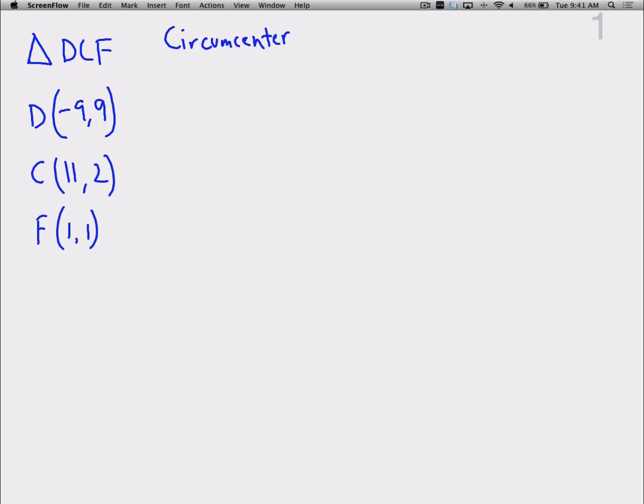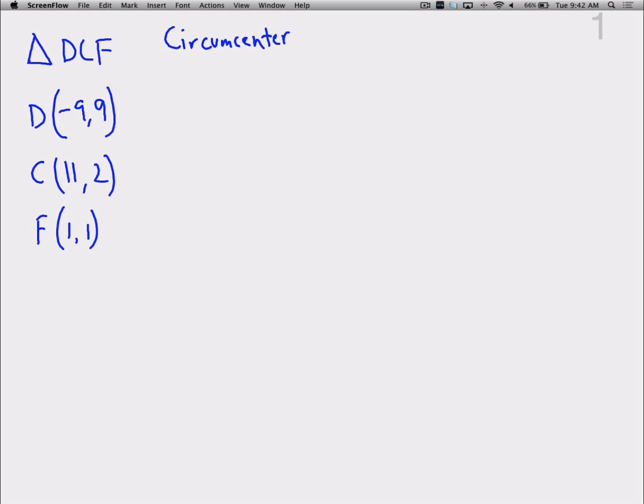It's equidistant from the vertices, but how do I find it? It is the point of concurrency of what? Between the perpendicular bisectors. Excellent.